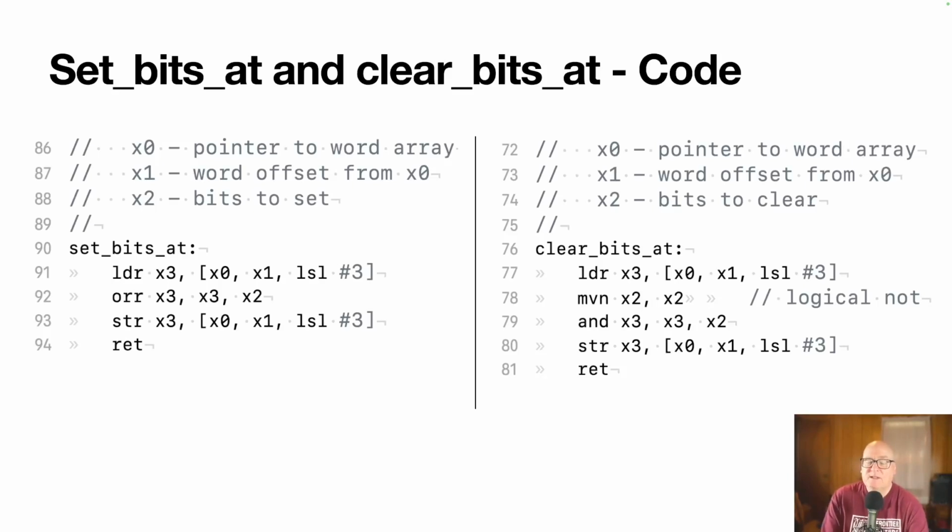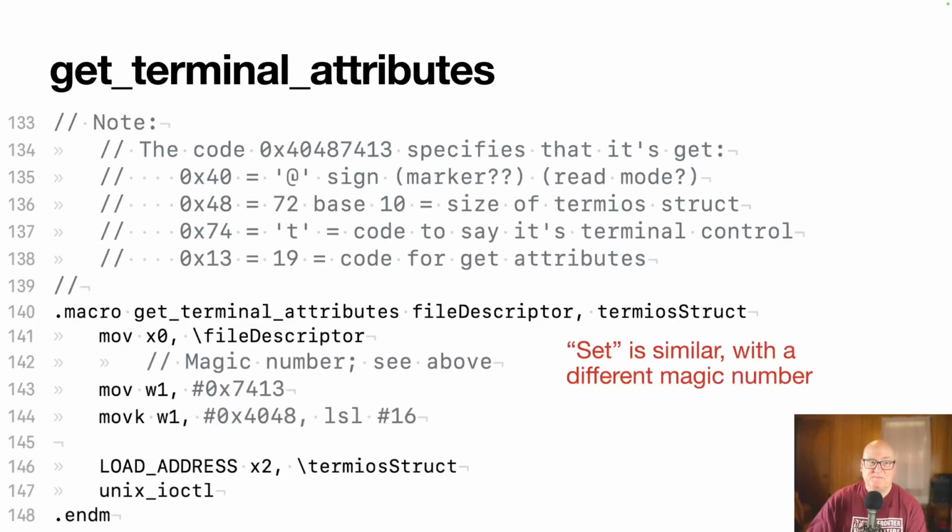If any bit is cleared in our negated word, then it gets cleared in the AND, and if it's set in the word, it gets left alone, basically. So we do that computation, store the result in the same address we got it from, and return. So this gets our bits cleared as we want.